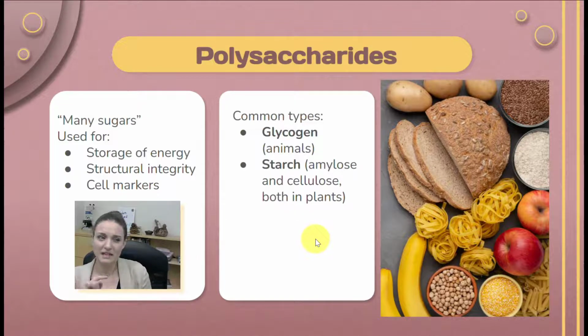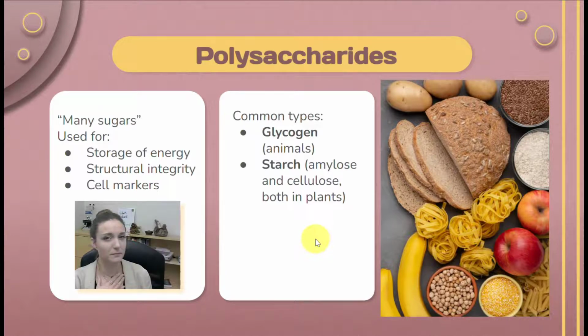We also see that these polysaccharides are good for structural integrity, especially in plants and fungi and insects. They use a type of polysaccharide that's very rigid and gives them structural support to either their exoskeleton if they're an insect or to their cell wall if they're a plant.